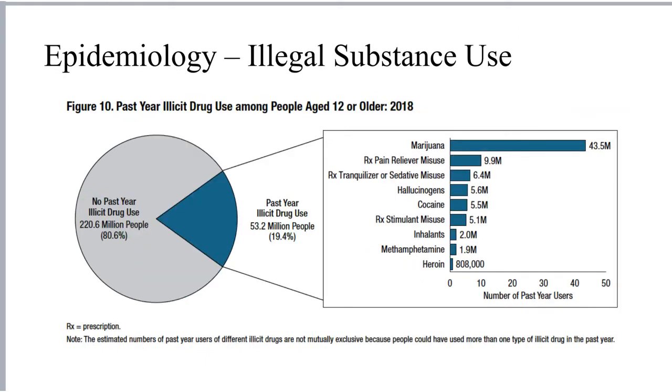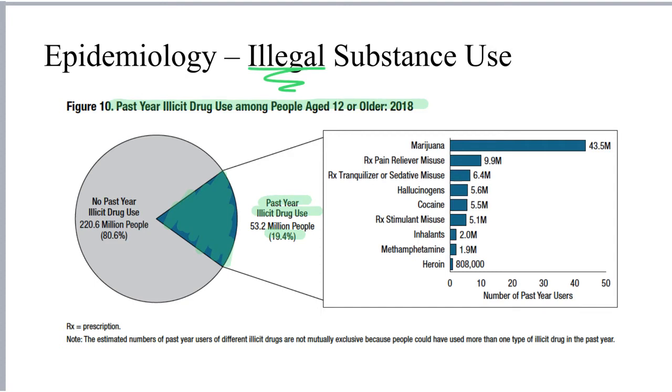Next, let's look specifically at illegal substance use. This data comes from the same survey and is now looking at illicit or illegal substances only. This graphic is showing past year illicit drug use among people aged 12 or older in 2018. And among all of those surveyed, about 53 million people, or just shy of 20%, used any of the illicit drugs listed at least once in the past year.